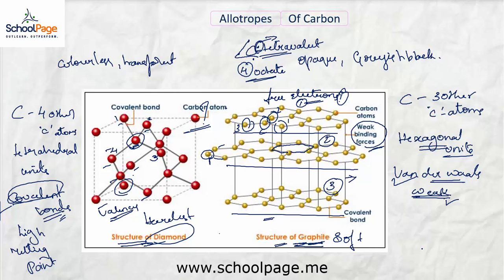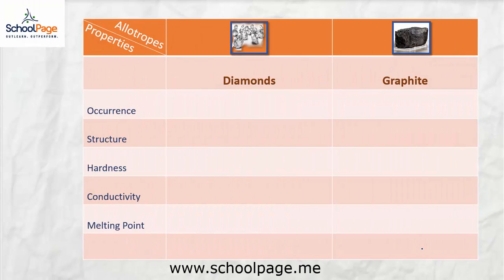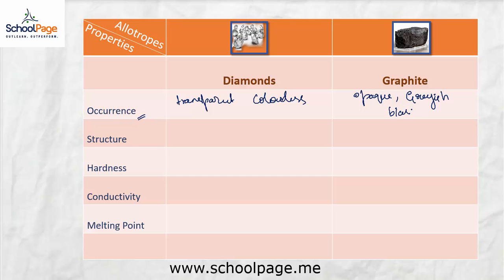Now, let us recall the differences between diamond and graphite. The first, that is the occurrence. We know that diamond occurs as a transparent and colorless solid, whereas graphite is opaque and a grayish black solid.